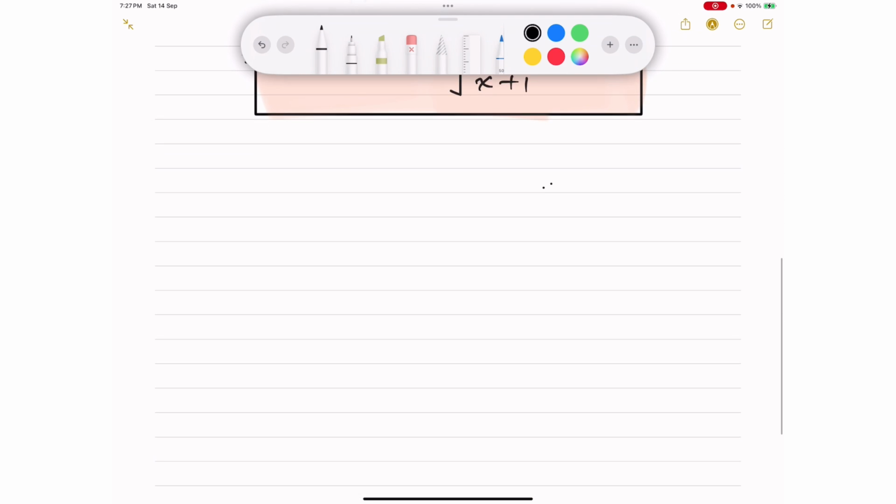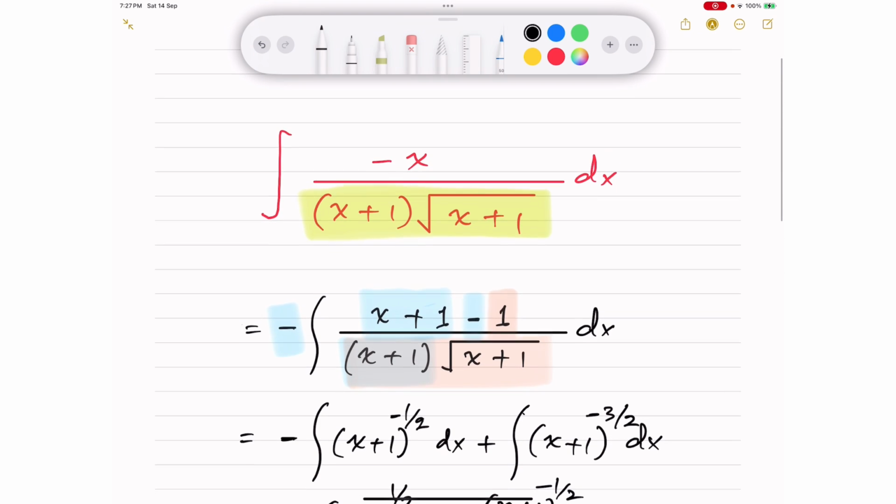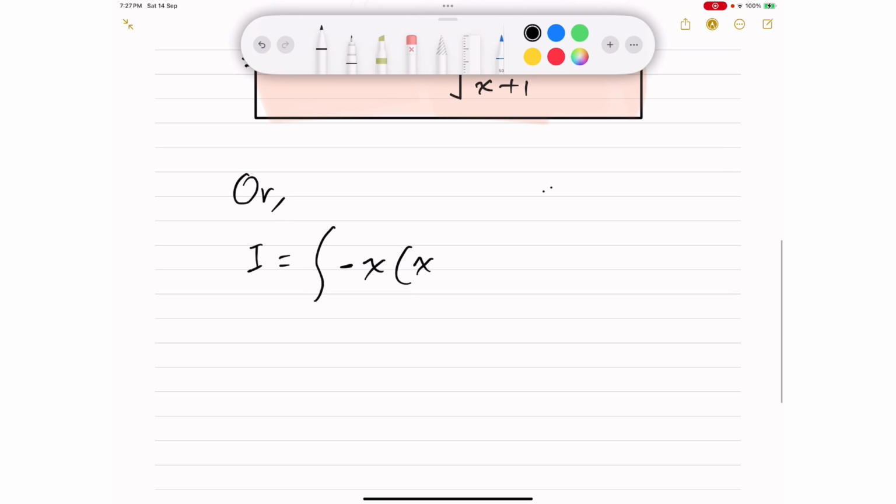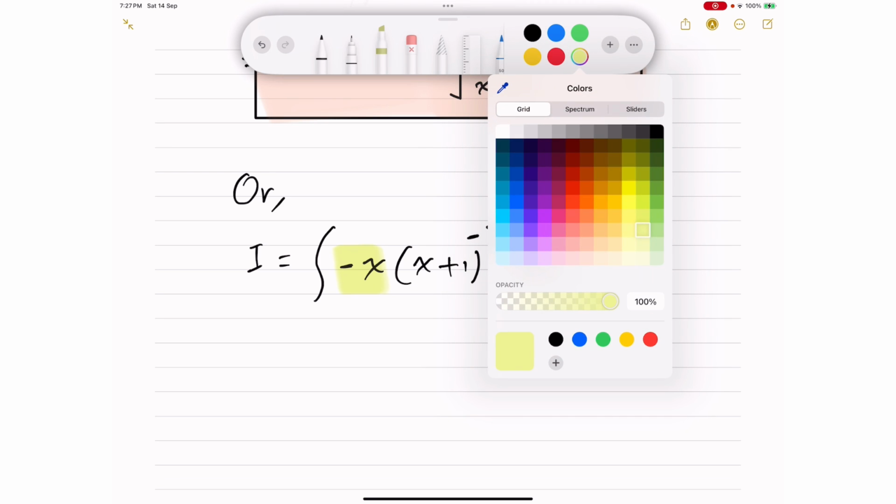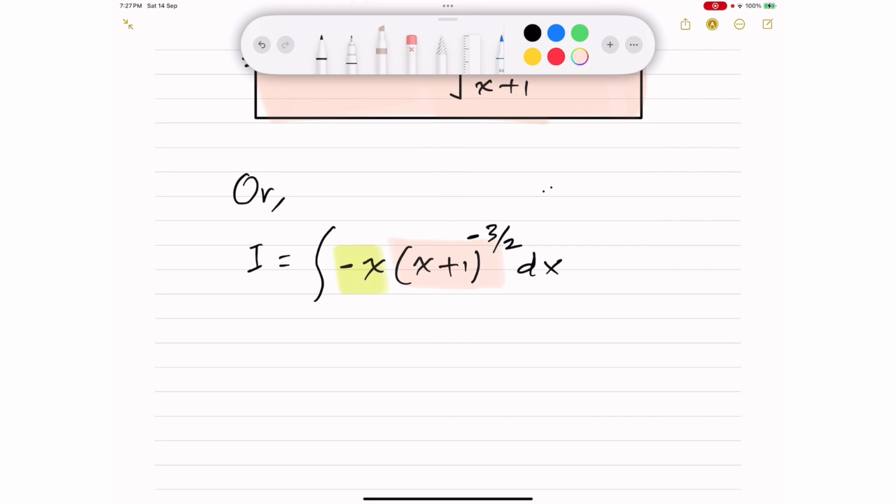Our integral is going to be equal to negative x, and if we bring the denominator here to the numerator, it's going to be x plus 1 to the power negative 3 by 2 dx. Now we can look at this as u and this one here as v. So two terms. That's how we do it.